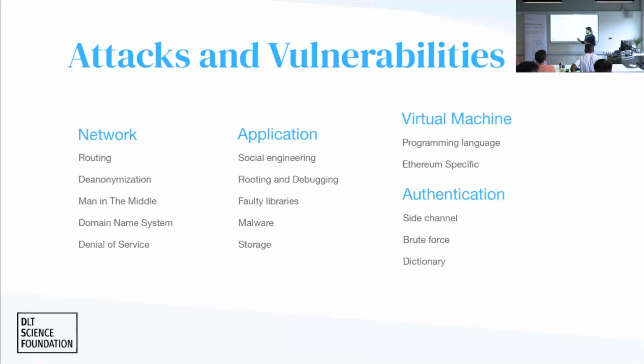And we got domain name system, where there are types of DNS attacks, such as DNS cache attacks and DNS tunneling. These DNS attacks work on the DNS layer, where we try to send the user to malicious applications.